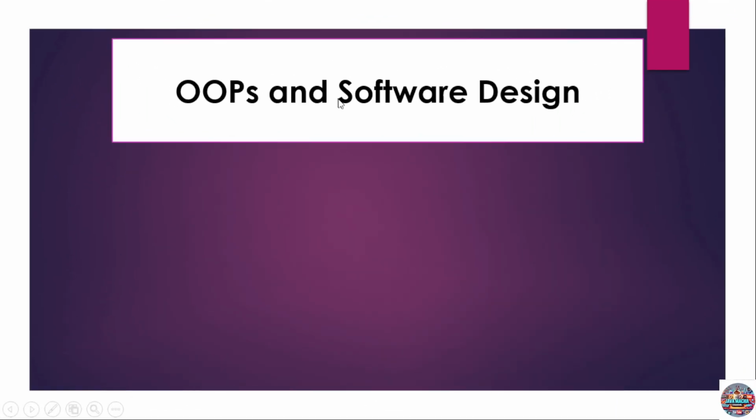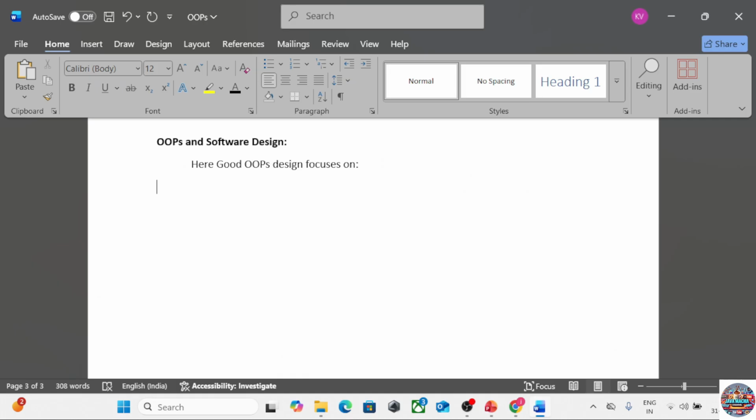Next is OOPS and software design. OOPS is not just about syntax or keywords, it is a design philosophy. Let me explain here in words. Good OOPS design focuses on clear responsibility for each object, minimal dependency between objects, and realistic representation of business logic.